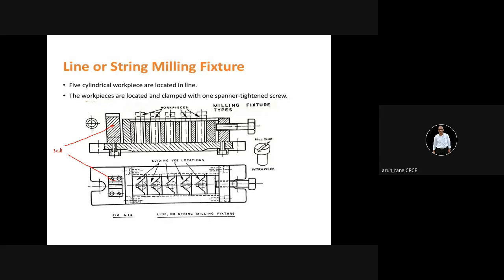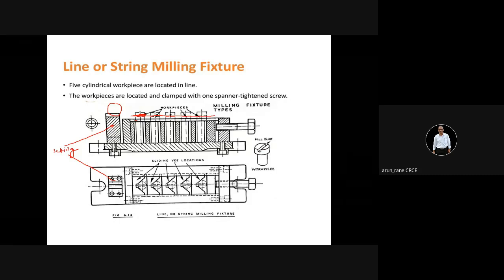I hope you are understanding this drawing. The setting block. So here the cutter is set. The cutter is set like this. Okay. And then this is the slot which is going to be milled. ये जो slot है ना जी, at this depth, at this height.